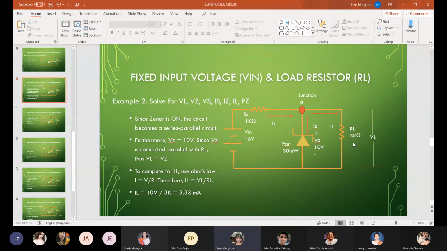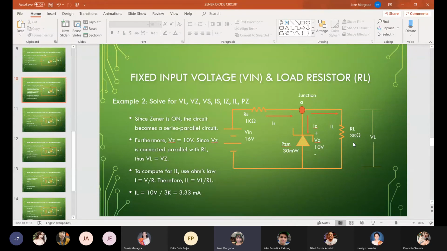Yan, si Ohm's law, si voltage divider, current divider, Kirchhoff's voltage law, and Kirchhoff's current law. So, parang dyan lang din umiikot ang mundo. Yan, madali na lang. Kahit yun na lang din halos yung alamin mo.